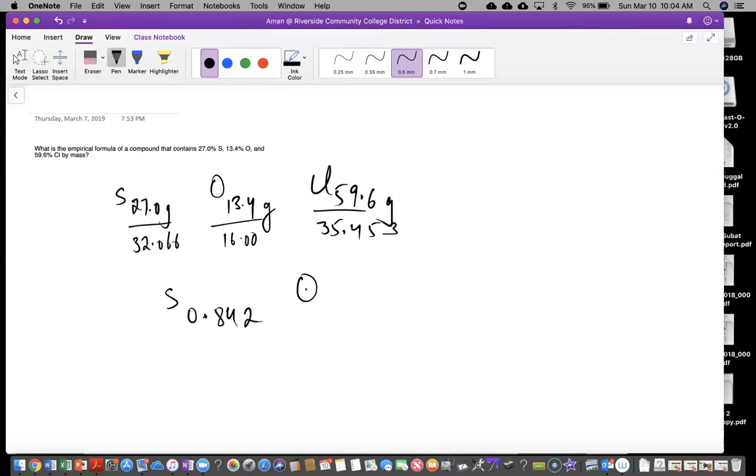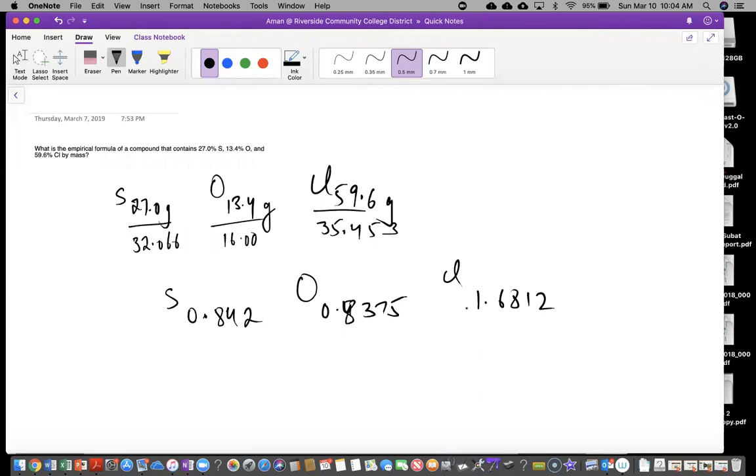And then for the next one, I got 0.84 for oxygen. I actually got 0.8375, I just rounded it. Chlorine is 59.6 divided by 35.453, which I got 1.68 actually.